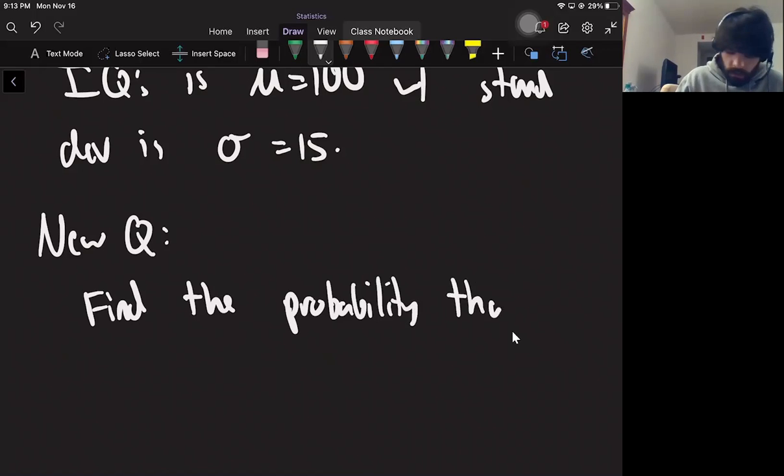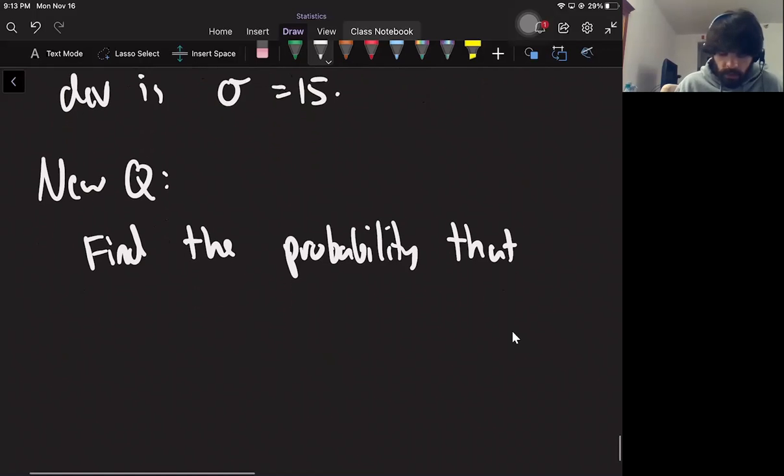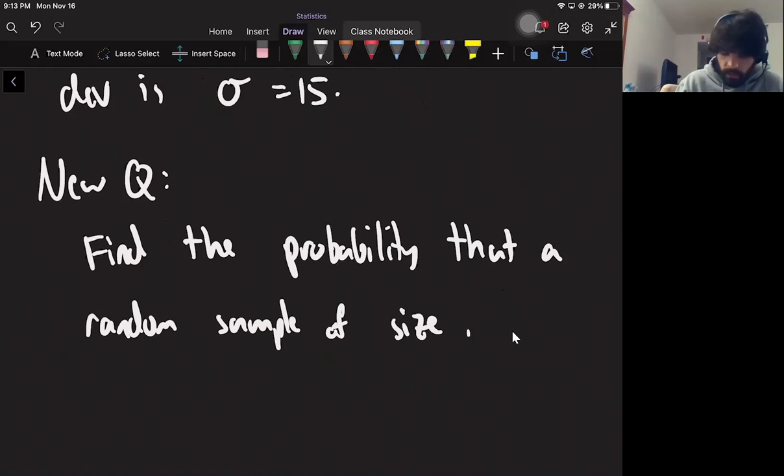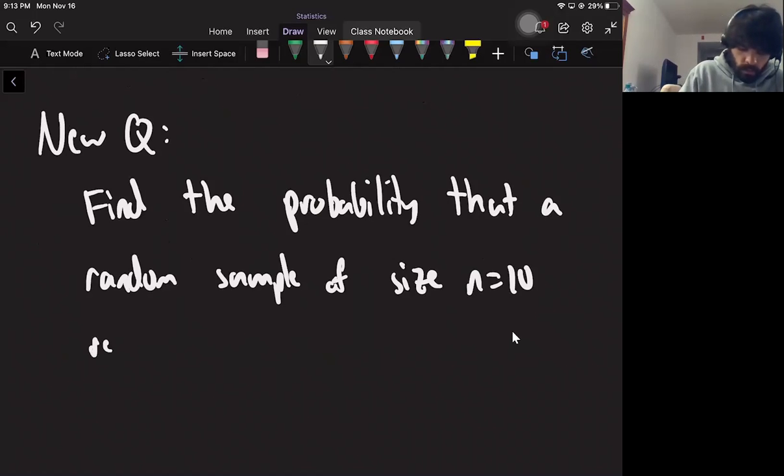that, instead of just having somebody be above or below something, we're going to look at a sample, a random sample of some size, 10 in this case, and we're going to ask about the sample mean.